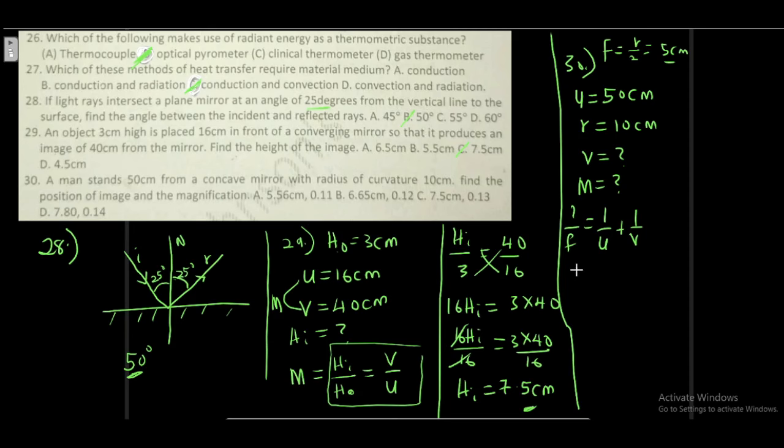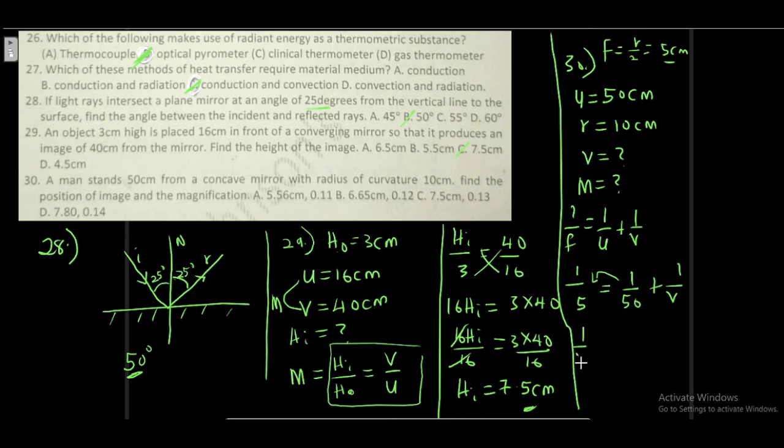So we'll come down here, we'll say 1 over focal length being 5 equals 1 over the object distance, which is 50, plus 1 over the image distance. So to get the image distance, we move this over to this side, and then we're left with just 1 over v on the other side.